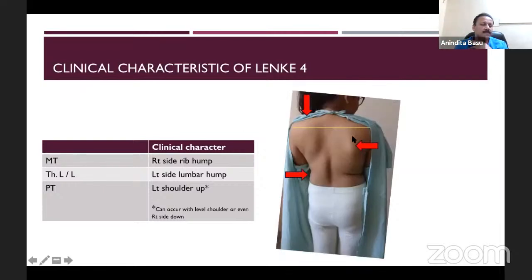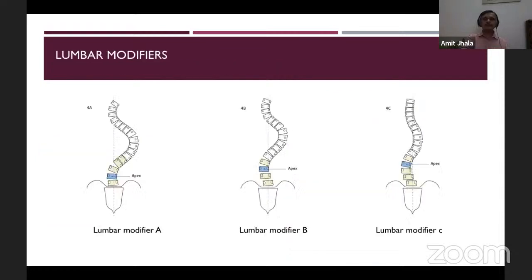In this case, there is a scapula which is prominent, which shows that there is a right side rib hump. There is a lumbar hump here, and you can see that this shoulder is elevated on the left side. So this is a clinical criterion that you need to see, and you can fairly say that this may have a proximal thoracic element along with the other 2 elements.